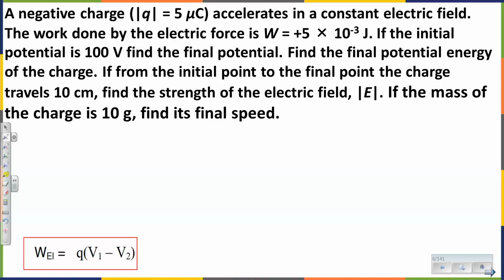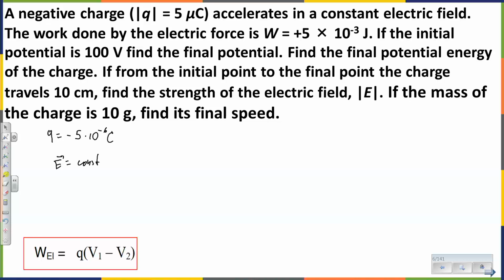It is kind of a good habit to be able to simultaneously read a text and transfer every important piece of information into some symbol, some notation, like a negative charge, okay. Accelerates in a constant electric field. Constant.